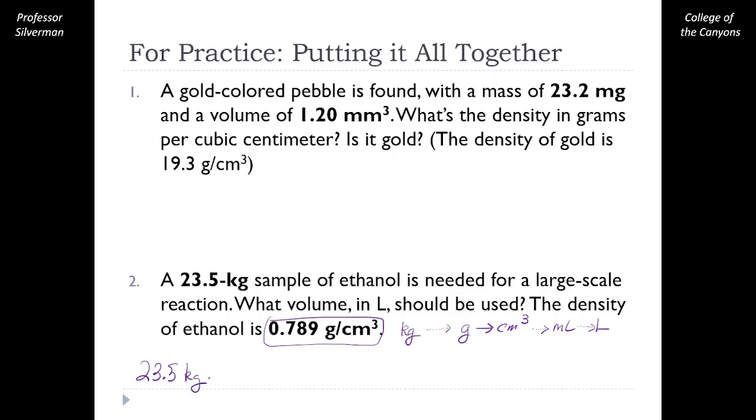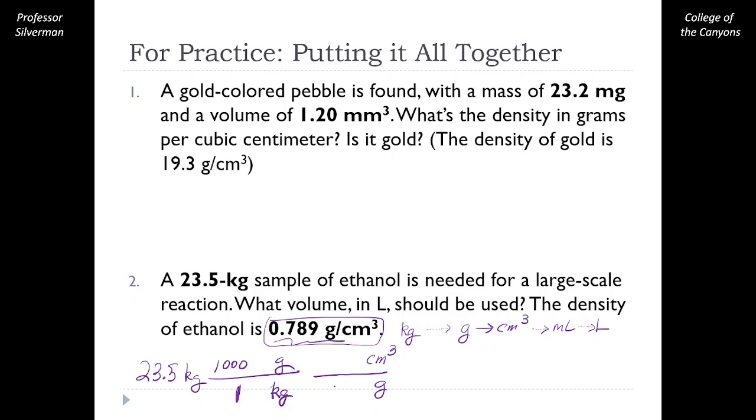23.5 kilograms. Let's cancel out kilograms and get to grams. 1 kilogram is big. We need 1,000 little grams to be the same. We can try to cancel out grams and go to cubic centimeters.